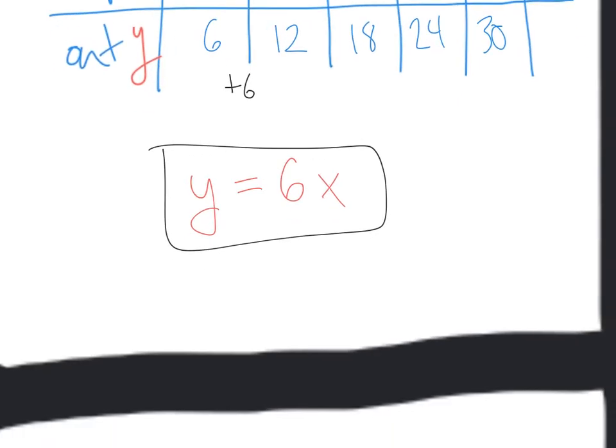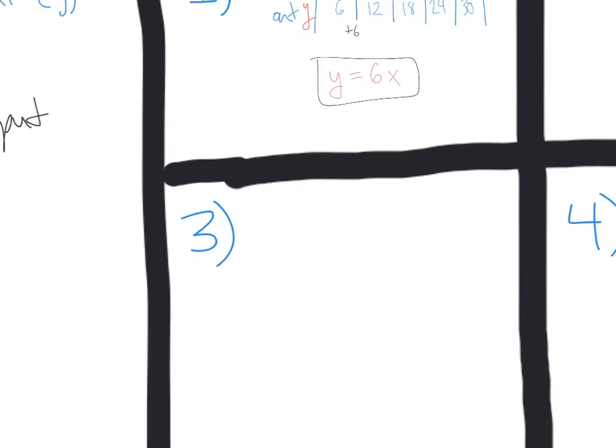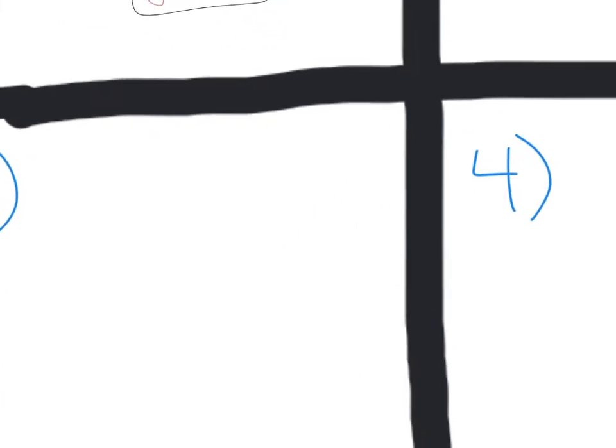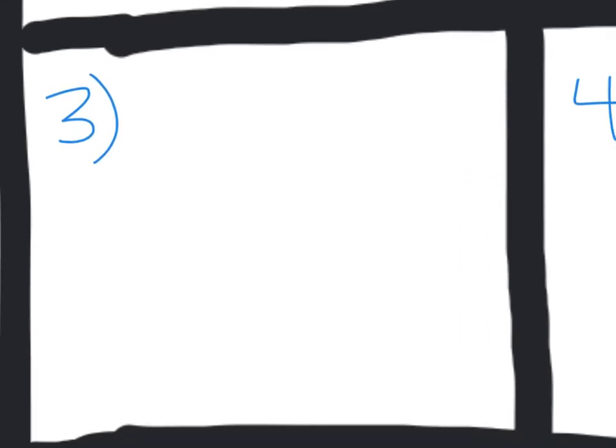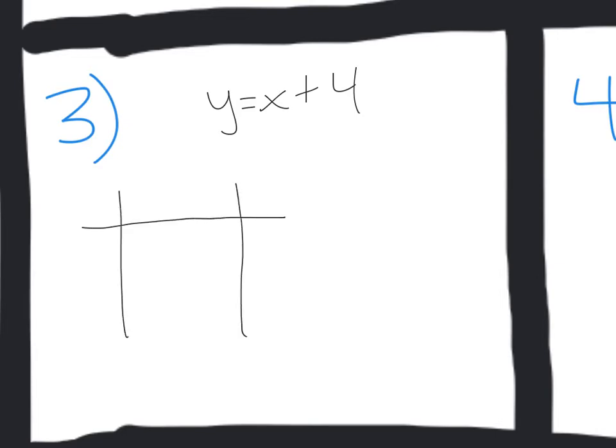Alright, let's try number 3. Graph the equation. So we have an equation here, and usually I like to set up a function table to help me determine my coordinate points that I'm going to graph.